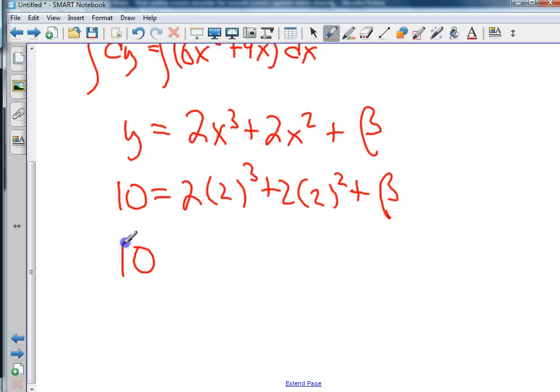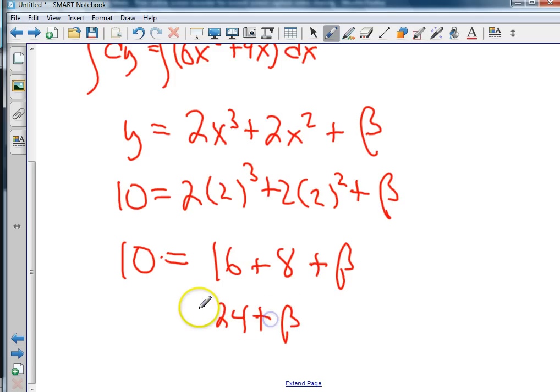So 10 equals, well, what is 2 cubed times 2? 16. And 2 squared times 2? 8. And 16 plus 8 is 24. So what's beta? Negative 14. There you go. Whoops, I didn't subtract it.